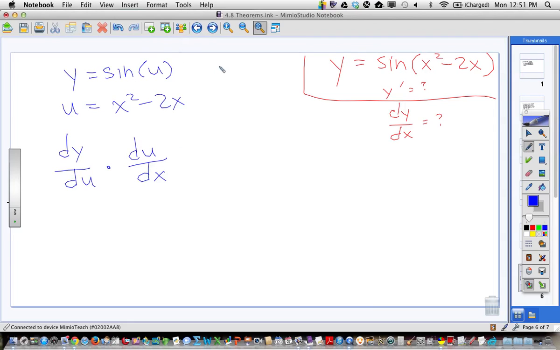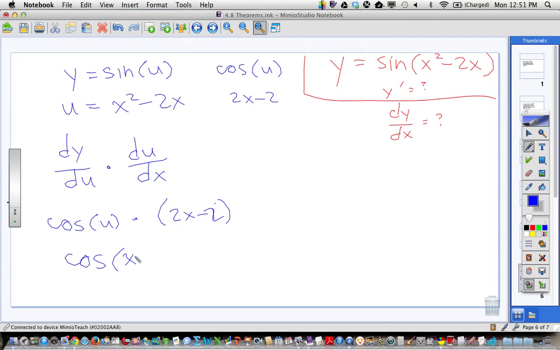So dy du is cosine u, and du dx is 2x minus 2. So we have cosine u times 2x minus 2, and then we put the x squared minus 2x back in for u, and sure enough, what do you get? Same answer.